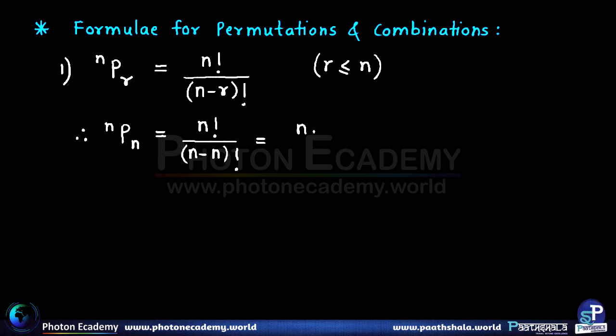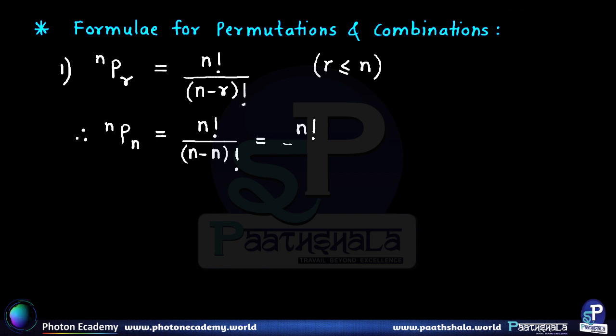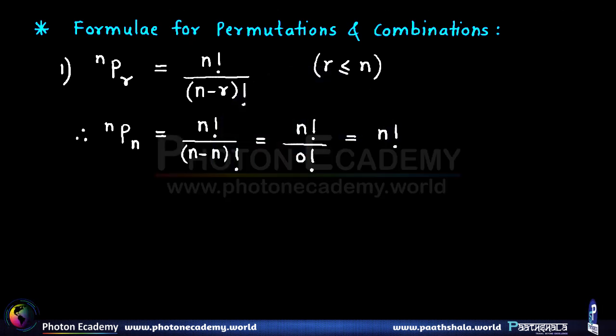So we have n factorial upon 0 factorial, since n minus n is 0. We have seen earlier, as a special convention, that 0 factorial is taken as 1. So finally the answer is n factorial. Therefore nPn is nothing but n factorial.